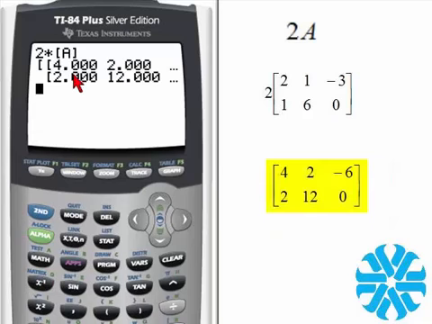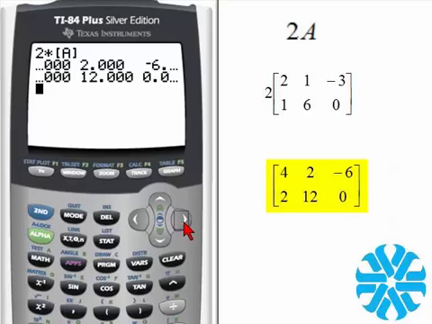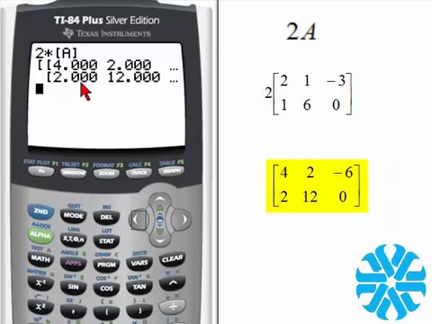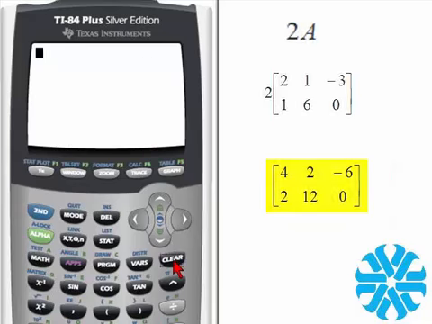So the result is 4, 2, negative 6, 2, 12, and 0. Okay, let's clear the screen.